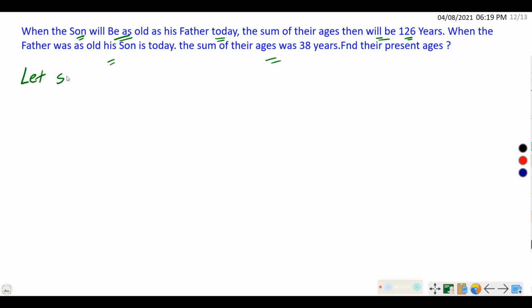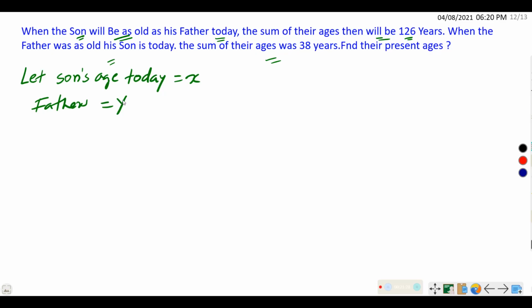Okay, let me go a little slowly and clearly. Let son's age today be x. And the connection is not given between son's age and father's. So father's age we have to assume separately, now y.